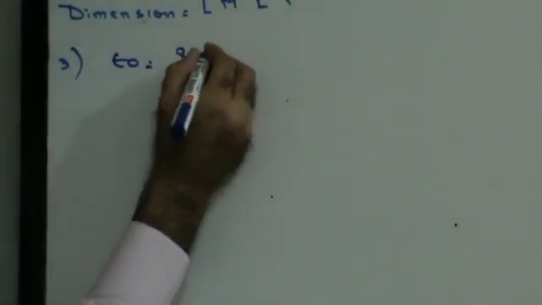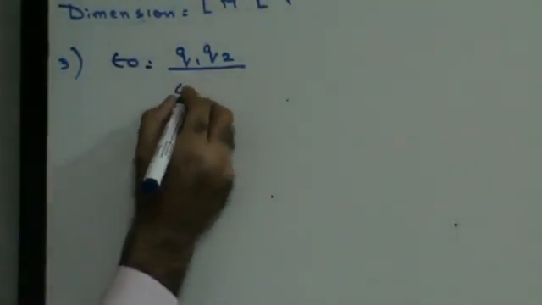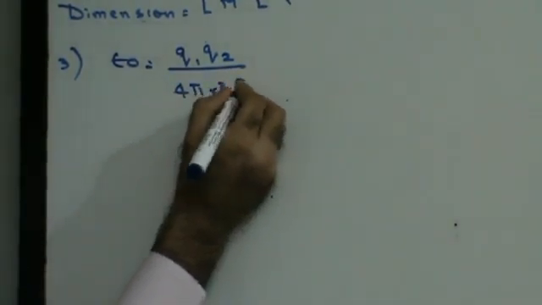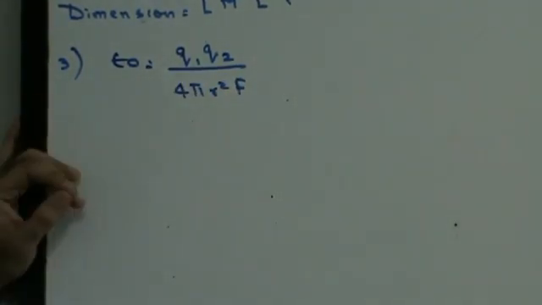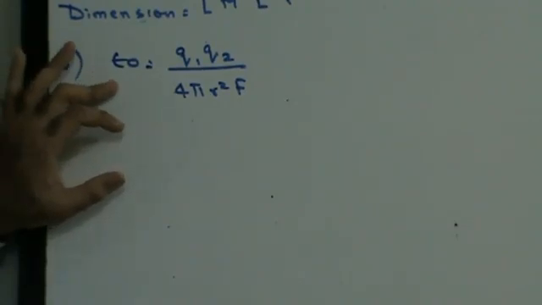Now, permittivity of vacuum, epsilon 0, is given to you as Q1, Q2 upon 4 pi r square F. That is your formula for epsilon.